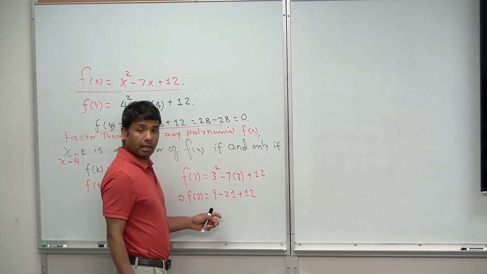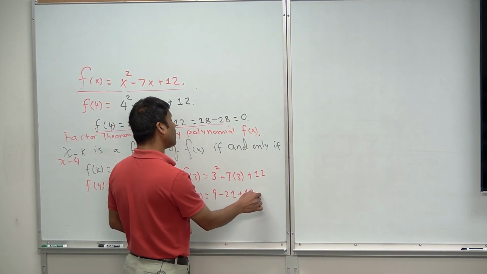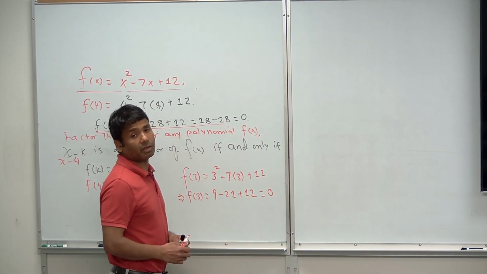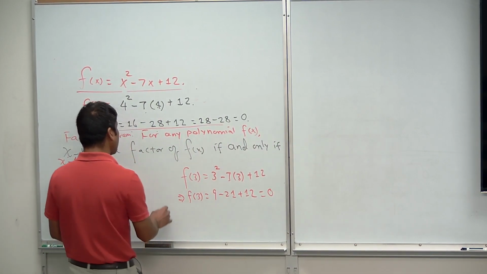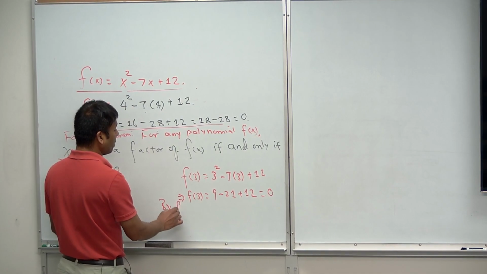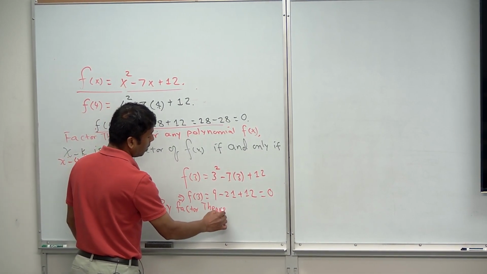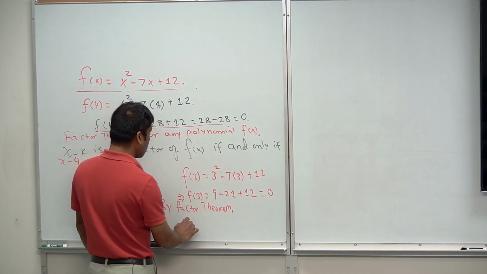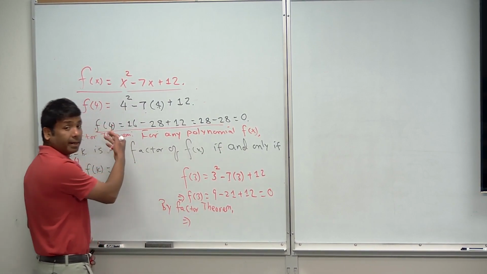Are you with me? So what is 9 plus 12? 21. And 21 minus 21 is 0. You see that? So what does that mean? If f(3) equals 0, then according to the factor theorem, what can you say? What will happen?